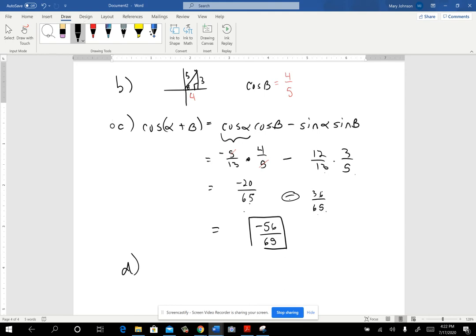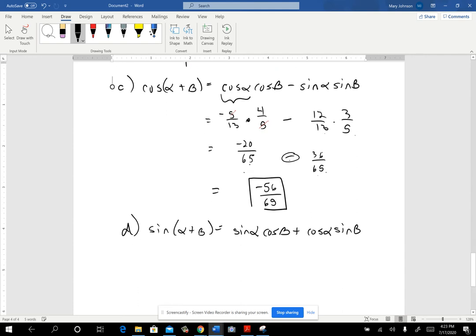And so then the other thing they want us to do is the sine of alpha plus beta. We look at the formula, and it says sine alpha cosine beta plus cosine alpha sine beta.